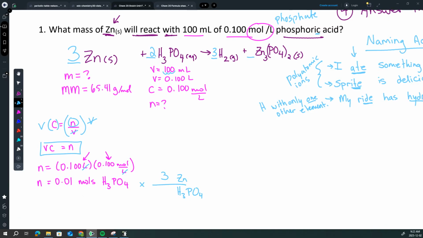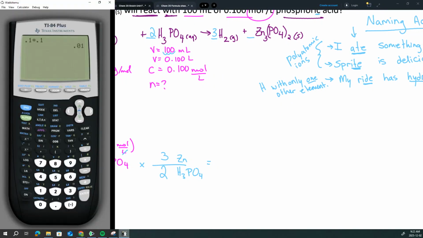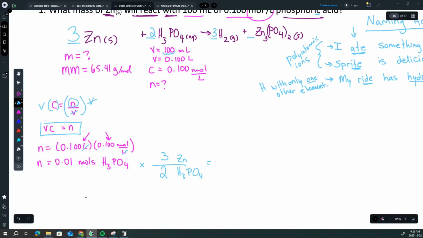The coefficient in front of phosphoric acid is 2. So if I take my 0.01, times it by 3, divide it by 2, we get 0.015. Phosphoric acid, if you treat it like a unit, is in the top and the bottom, so they cancel out. So this is now moles of zinc.